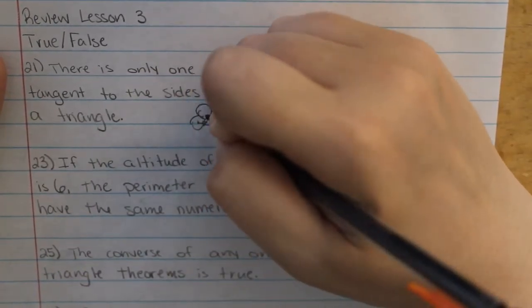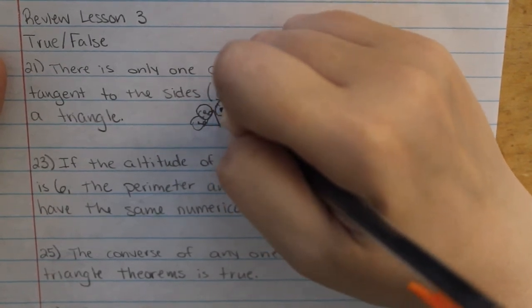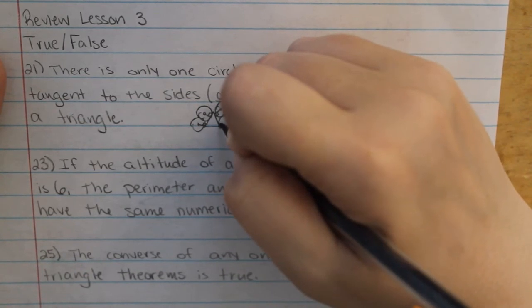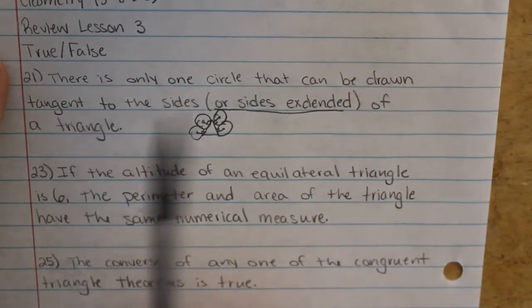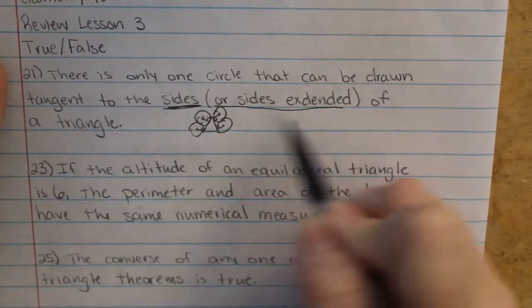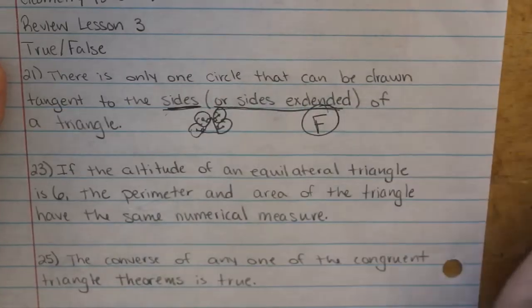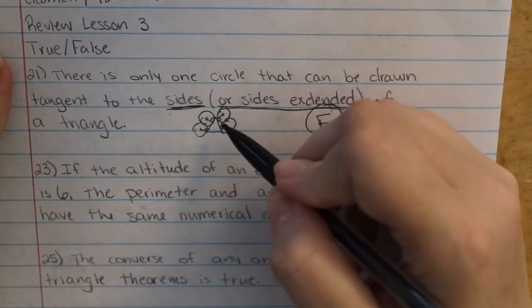Okay, I'm also going to draw a circle here. I'm going to say that that's tangent. I'm going to draw a circle here. Oh, that's a tangent. Circle here. That's a tangent. Do you see where I'm going with this? Because it said to the sides plural or sides extended, this is actually false. I can have almost an infinite amount of circles drawn tangent to any of the sides of this triangle.